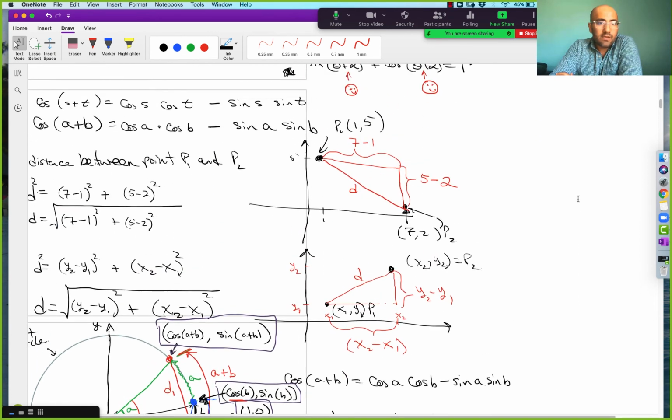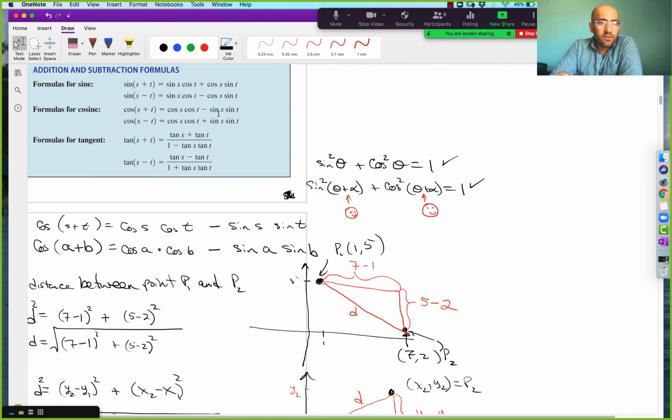Any questions? So all that work was just to show that cosine of s plus t equals cosine of s cosine of t minus sine s sine t. The others can be proved in similar manners, but we're definitely not going to go through those, and like I said, you're not responsible for that. You just have to know these properties, use them, love them, and move on.